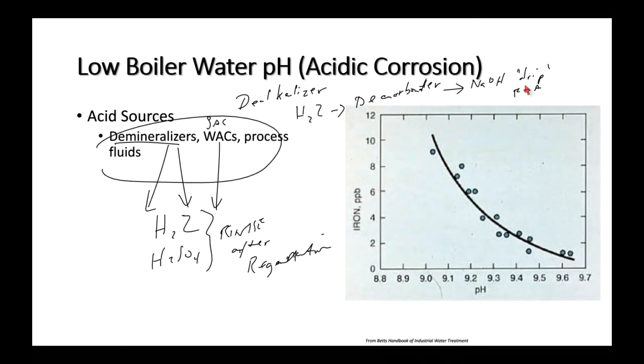Well, what happens if our sodium hydroxide drip fails on us? In the plant where I used to work, we just had this crappy little valve, and we set the valve handle so that it would drip, say, 1 drip every second. But what happens if that valve gets a little bit plugged up and it's now 1 drip every 10 seconds? Well, in such a situation, you might get free mineral acidity entering into the boiler.